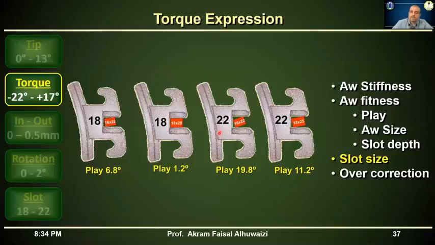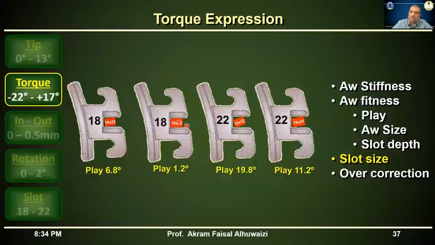What about slot size? Slot size really matters when it comes to torque expression, because you need to fill the slot. If you put an 18x25 wire into an .018 slot, you've got a play of 1.2 degrees. But we said 18 by 18, so why is there a play? Yes, there is play because manufacturers generally make the slot just a little bit larger than .018, and they make the wires just a little bit smaller.